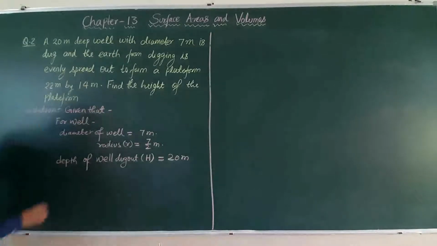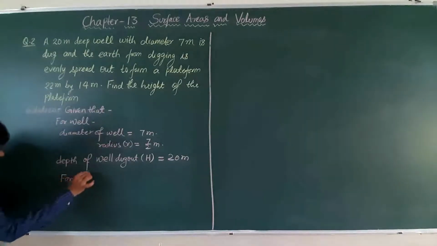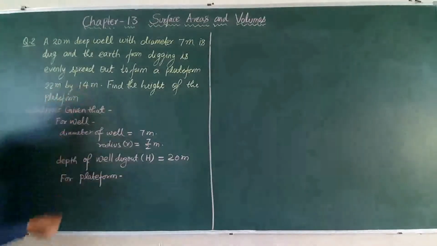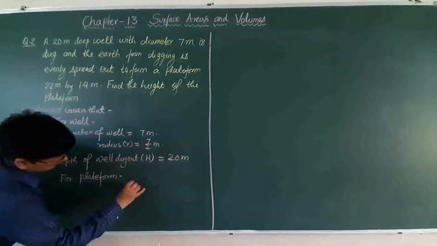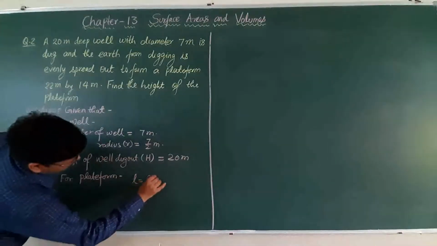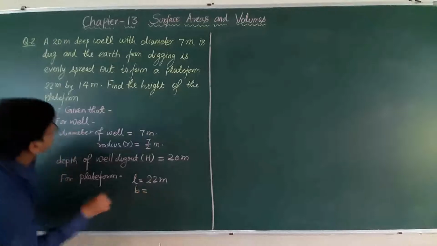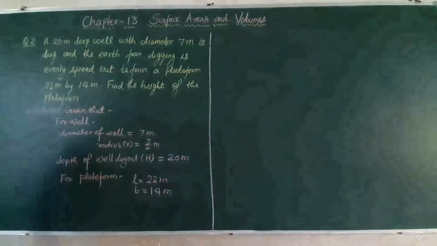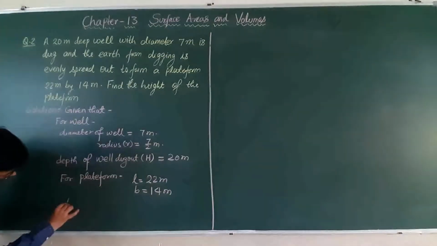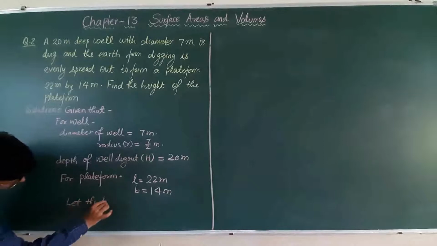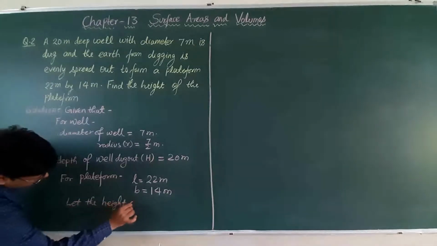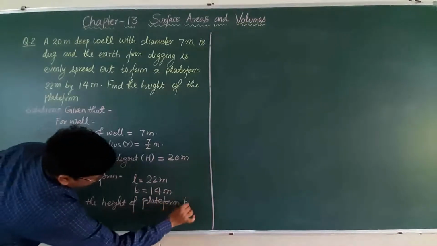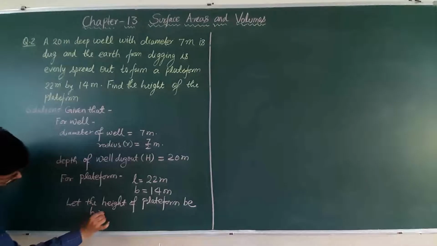For the platform, the dimension of the base is length 22 meter and breadth 14 meter. We need to find the height, so let the height of the platform be h meter.